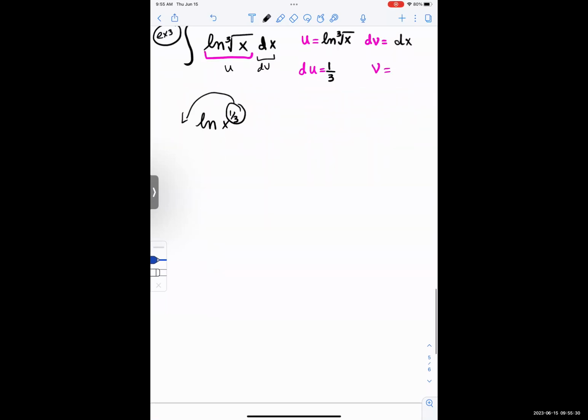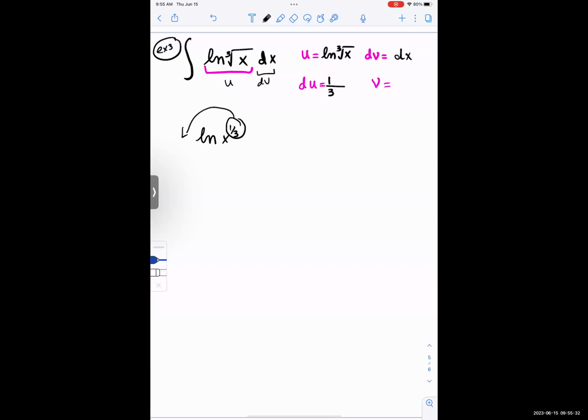And then the derivative of ln x is 1/x, right? 1/3 times 1/x is 1/3x. And do you see, as dv to v, you're increasing the power of the function, but you're going to see that it's going to be fine. So 1 dx, or just dx, is dv. Then what would have been the v? x. Excellent.